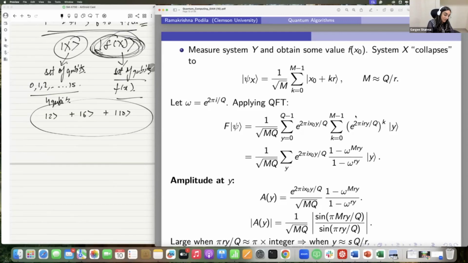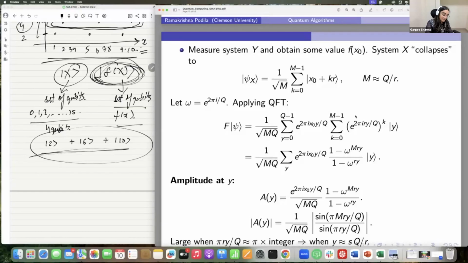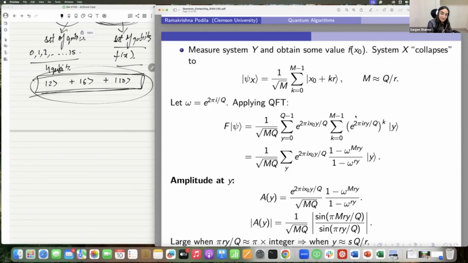So now my system 1 is in this particular superposition. You see that this superposition has the period hidden in it. To find the period, I can then apply a quantum Fourier transform on this.